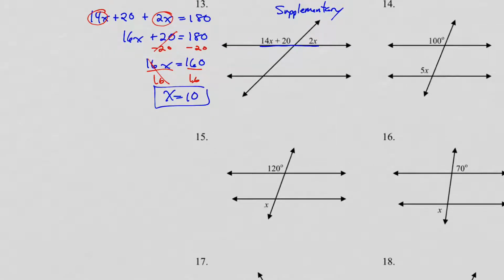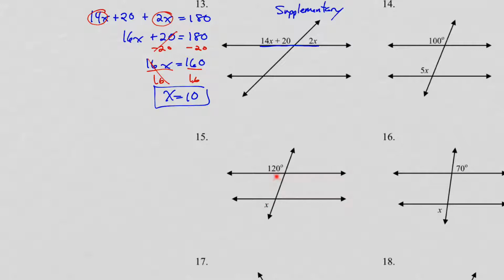Let's take a look at 15. Is there a relationship between top left and bottom left? No, there's nothing congruent about those two, like we mentioned in the other page.